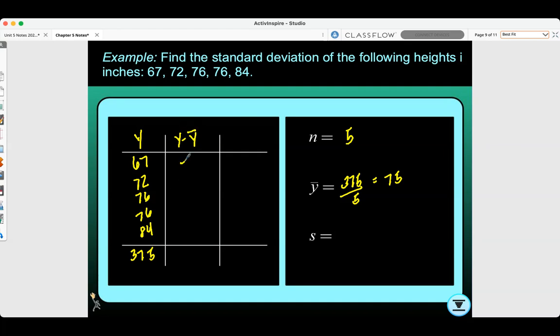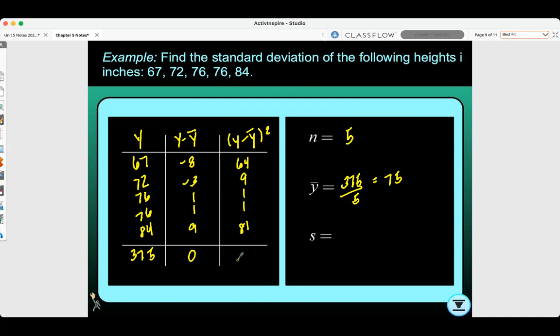and that would be -8, -3, 1, 1, and 9, and you should get 0 as your sum. And then we need to find y minus y bar squared. We'd have 64, 9, 1, 1, 81.